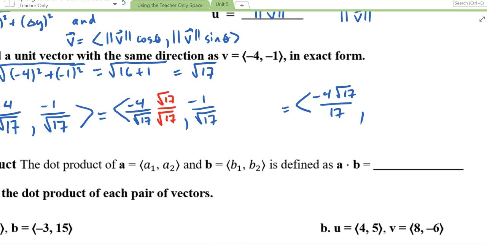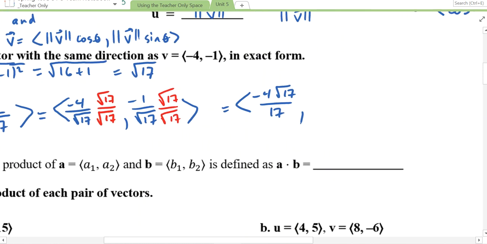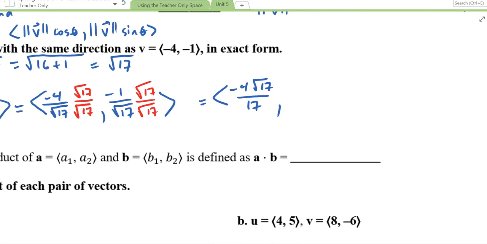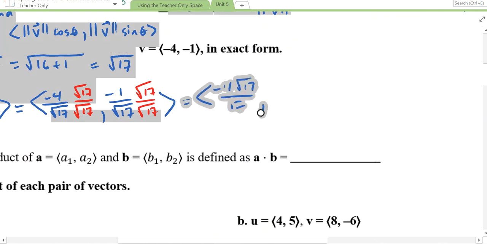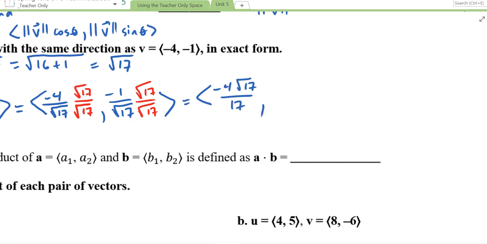And we have to multiply it by square root of 17 over square root of 17. And now we can finish it. Move this back over. And as soon as it behaves, we get negative square root of 17 over 17.